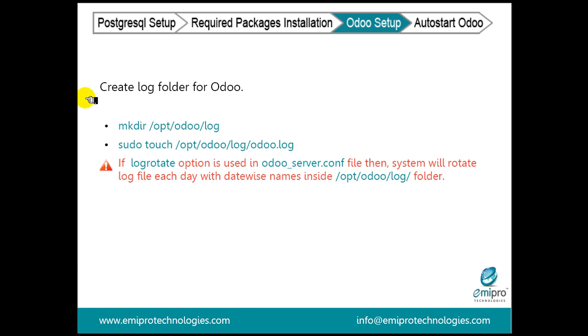As I said earlier, if the log rotate option is used in your configuration file, then the system will rotate the log file each day with a date-wise name inside the opt odoo log folder, which we created right now.